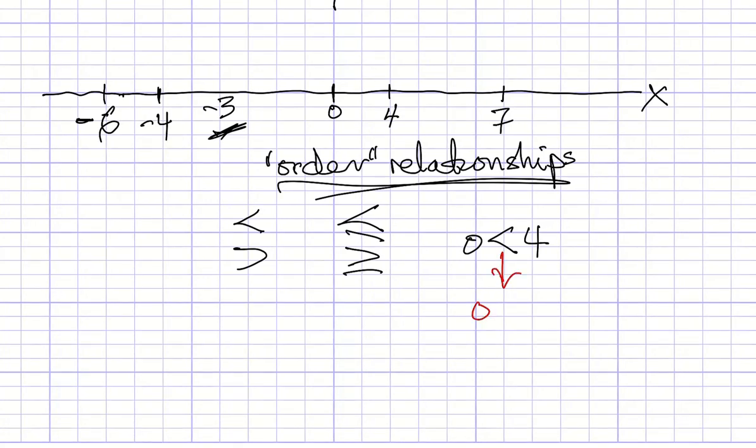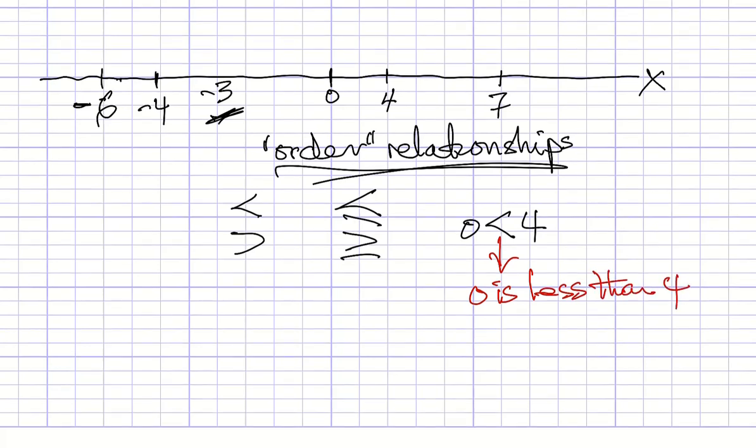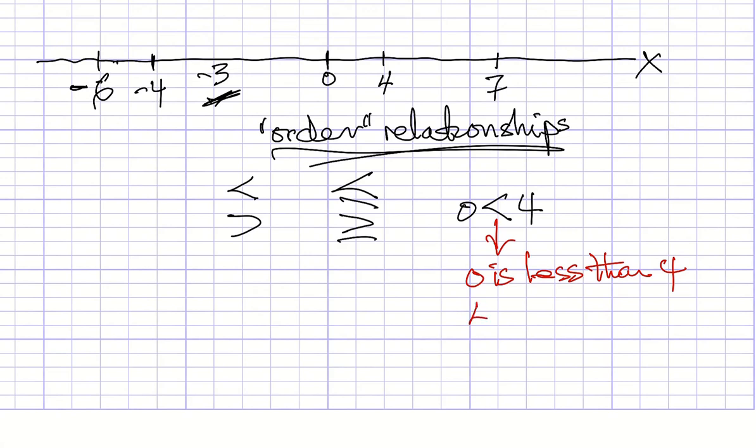You can say 0 is less than 4. Make sure you understand that. Or you can say 4 is greater than 0. If you read it from right to left, you see 4 is greater than 0.